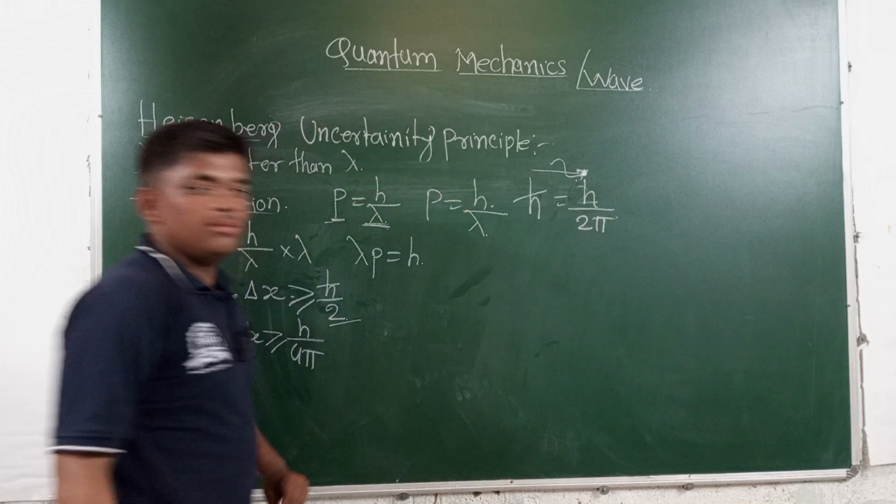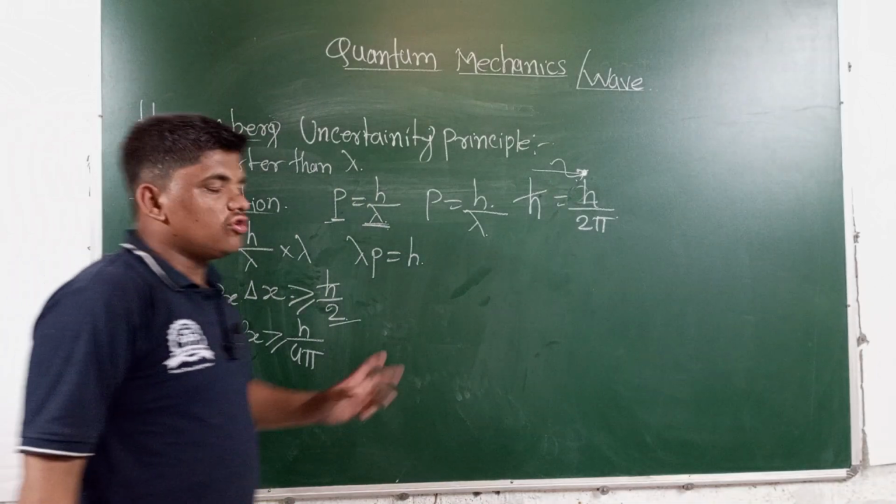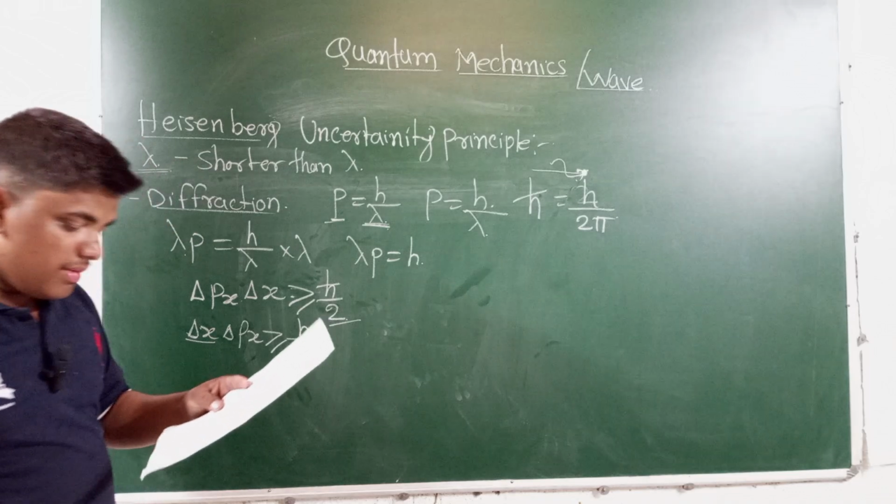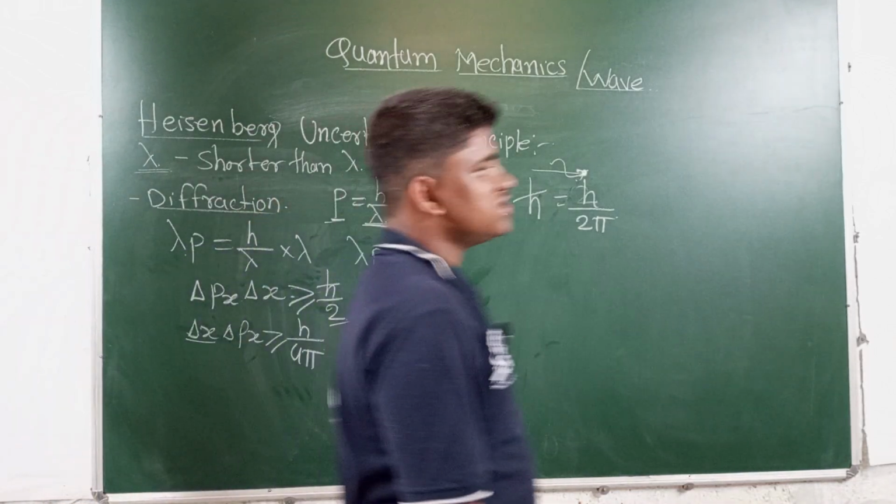This is the relation between Planck's constant and reduced Planck's constant. We cannot measure both position and momentum simultaneously.